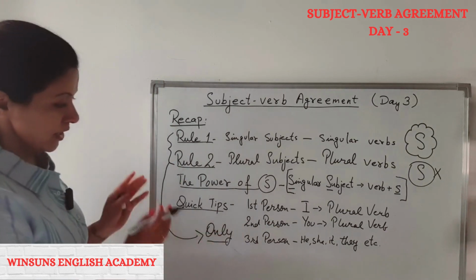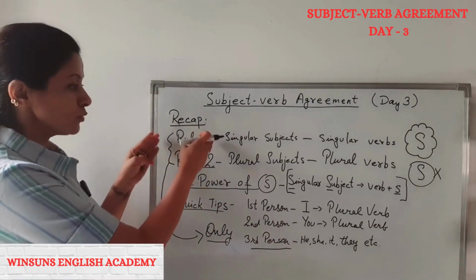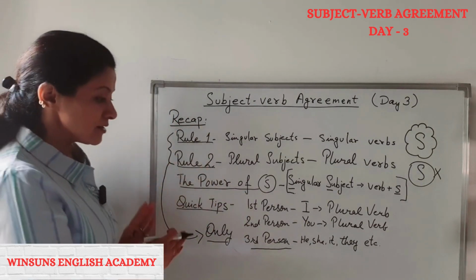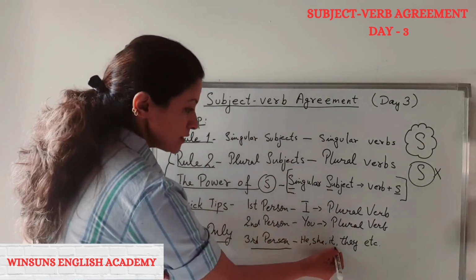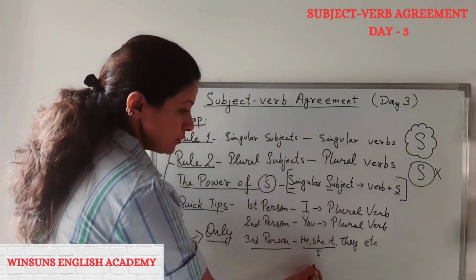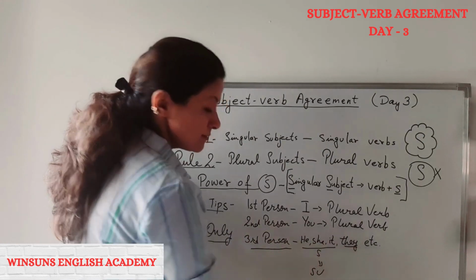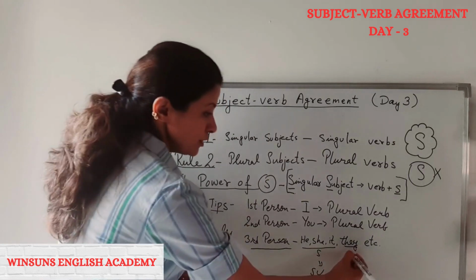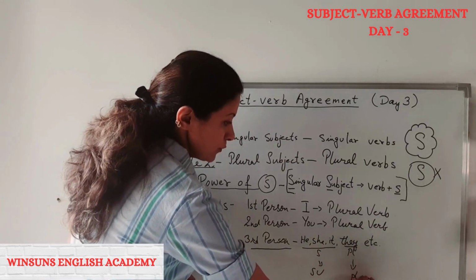Okay, it's just for the third person. These two rules, rule 1 and 2, these are just for the third person. For example, he, she, it, these are singular, right? So they will take singular verbs. They is plural. So it will take a plural verb.